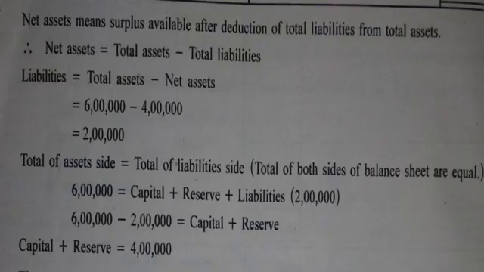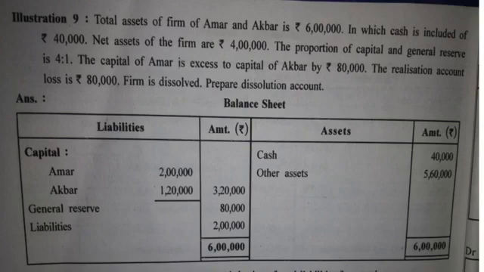So let us write it down in the balance sheet. Capital is 3,20,000, reserve is rupees 80,000. Now the question is, from 3,20,000, what is the amount of capital of Amar and Akbar?